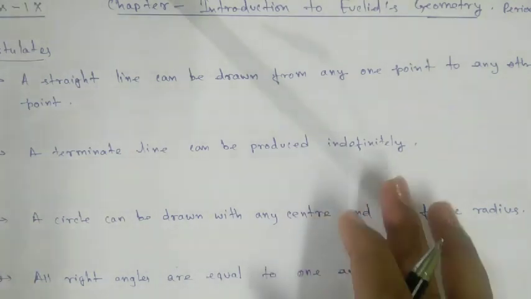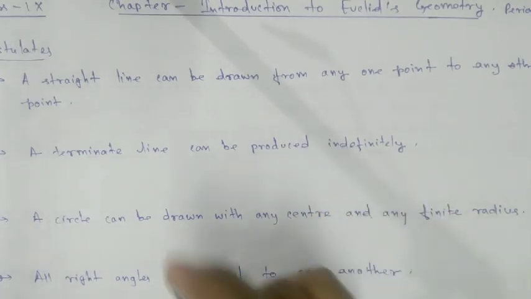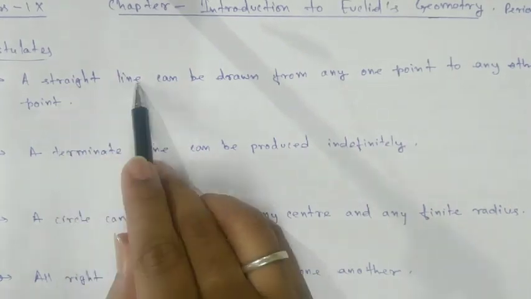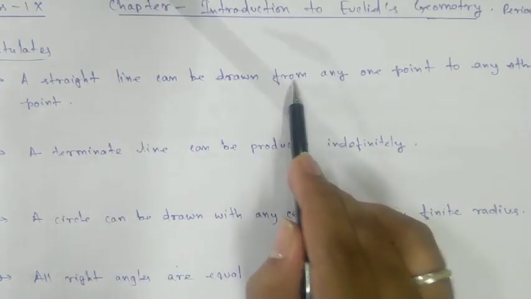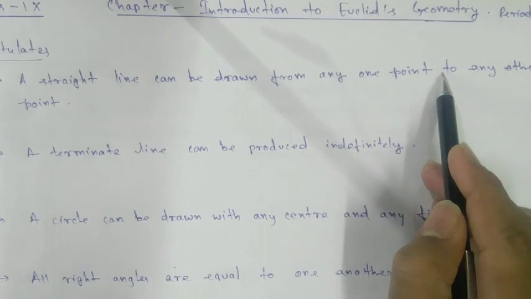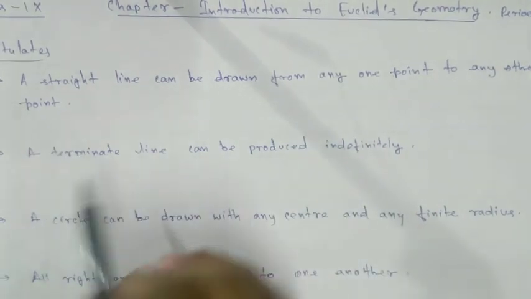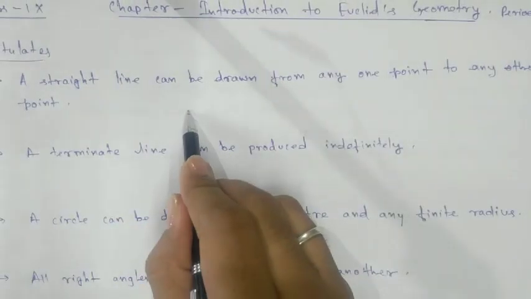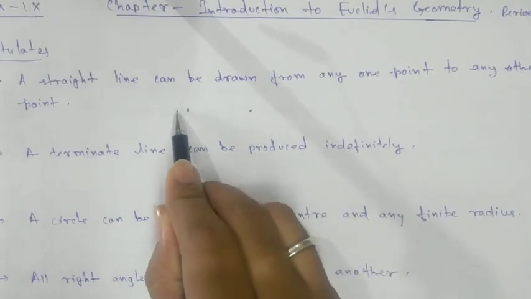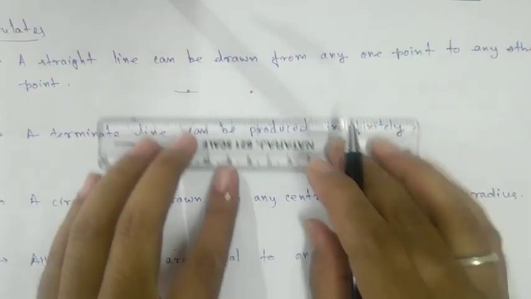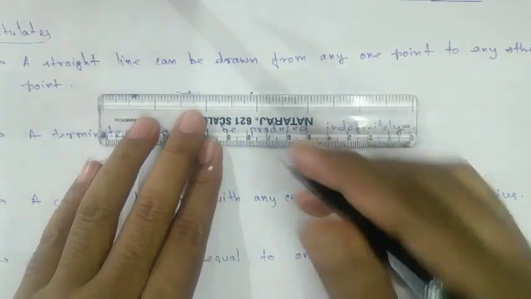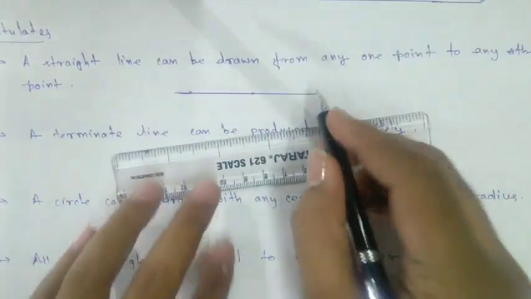So the first one, what does it say? A straight line can be drawn from any one point to any other point. What this means is, if you take 2 points, you can draw only one line. Remember, with any 2 given points, a unique line can be drawn.